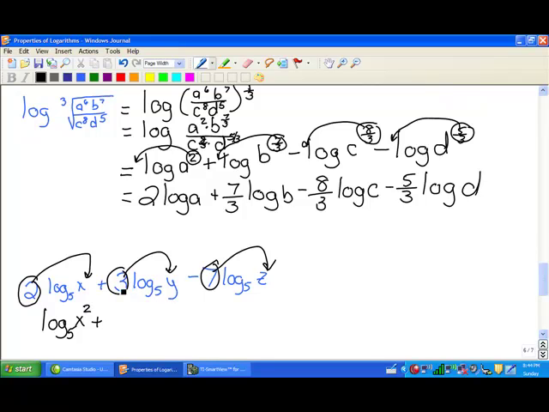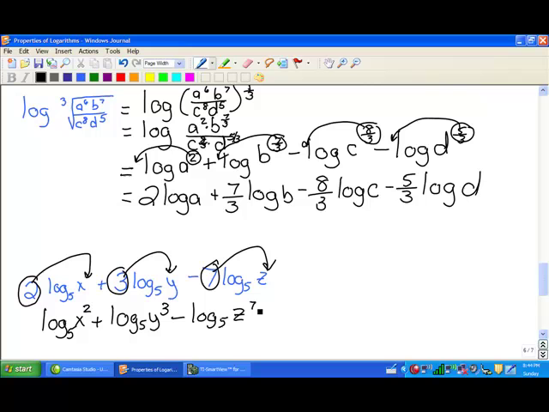Again, the power rule says the 3 used to be an exponent to the y, so we'll have log base 5 of y cubed. And the 7 used to be the power to the z, so minus log base 5 of z to the 7th.